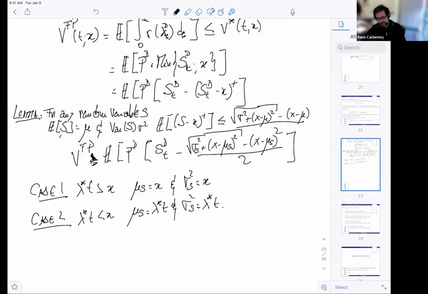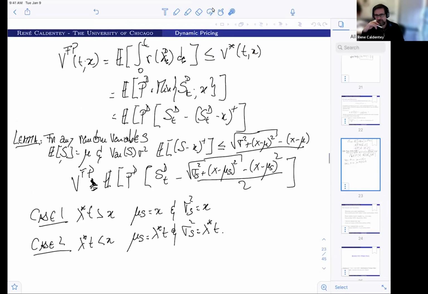So you have these 2 cases, and then essentially you're going to plug those 2 cases into this inequality, and you're going to manipulate them, and that's going to give you precisely what you want. All right. So let me just leave it at that, because the rest is really algebra.